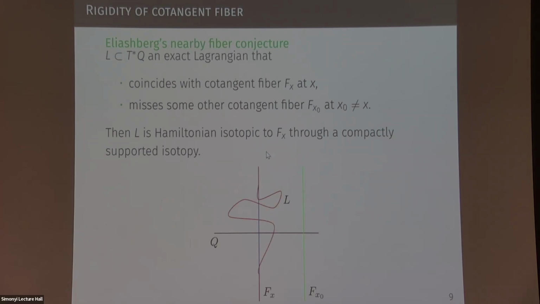Another interesting question related to the cotangent bundle is, instead of looking at the zero section, you look at the other source of Lagrangians, which is the fibers inside the cotangent bundle, and ask: if you have a Lagrangian that coincides with the fiber outside a compact set, can I always say that it can be made Hamiltonian isotopic to the fiber?